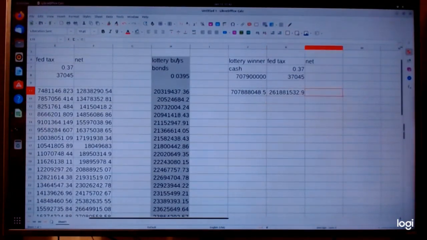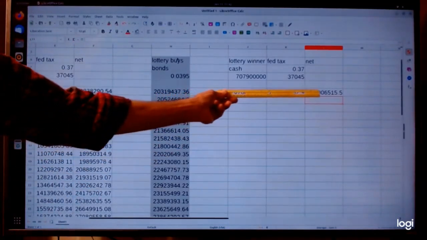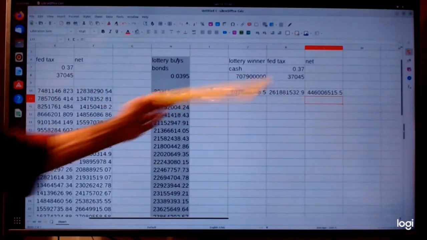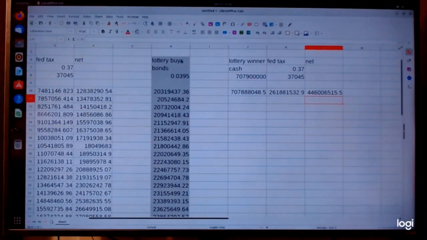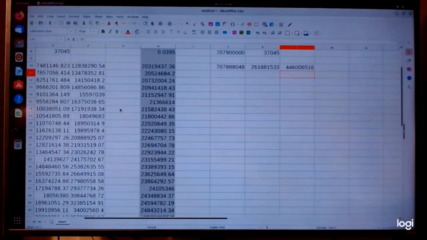Then our net is what, J10 minus K10. All right, so for after federal taxes, it's $446 million. Now let's just back up just a little bit.